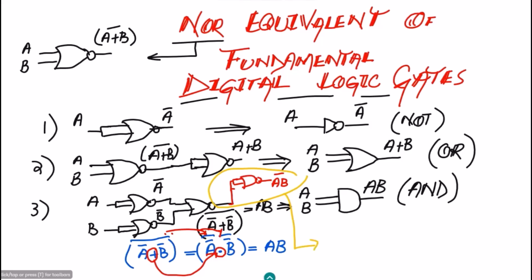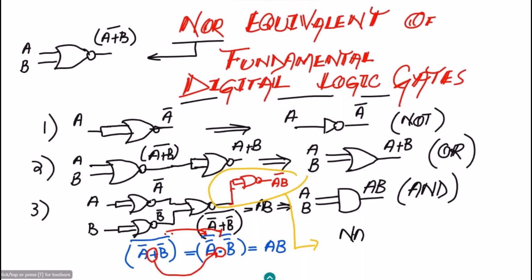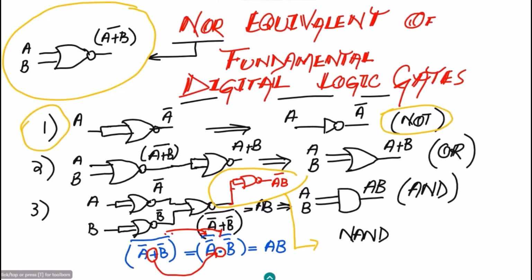This insertion with this AND gate will give me another gate, and that would be the NAND gate. So the functionalities of the four gates are now mentioned in this lecture, in which we can very easily see that all of these gates are made up of a very simplified gate, and that is the NOR gate. These are the NOR equivalents of the gates. The first one here is the NOT gate, second one is the OR gate, third one is the AND gate, while the last one is the NAND gate.